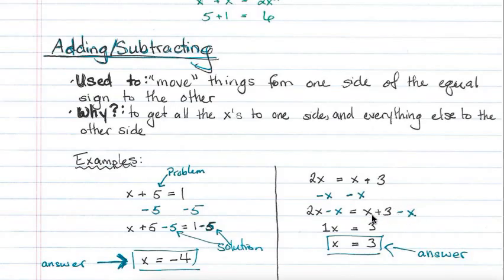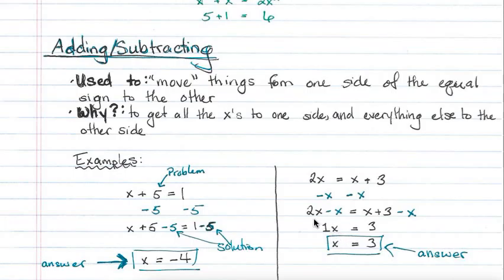Now this x minus this x will equal 0x, which is the same thing as no x's at all, so we don't have to write that. That got rid of the x on the right side of the equality, which is what we wanted because we only wanted x's on the left side. Actually, it doesn't really matter if it's on the left side or the right side, so long as they're on the same side. I just chose to move it to the left.